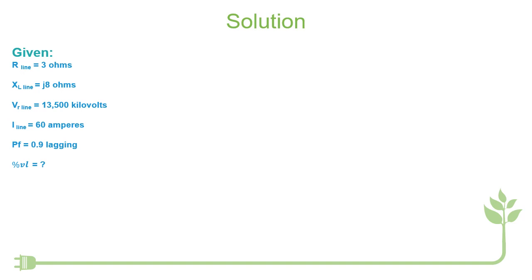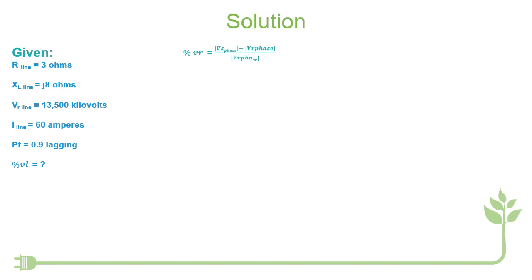For the last question, we will have to determine the voltage regulation of the line. We have discussed that voltage regulation equals voltage sending phase minus voltage receiving phase all over voltage receiving phase.